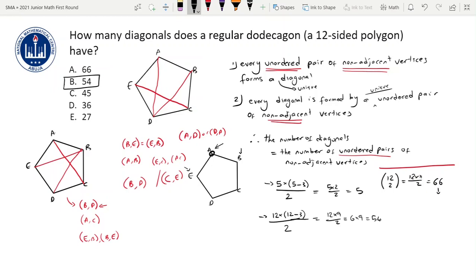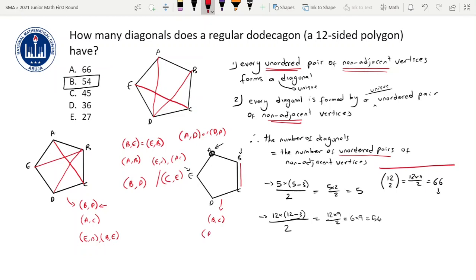So notice that if you have a pair of vertices formed by adjacent vertices, then that pair is going to form a side. For example, in this polygon here, the pair BC is a pair of adjacent vertices. And if you join B and C, you will have a side of this polygon.